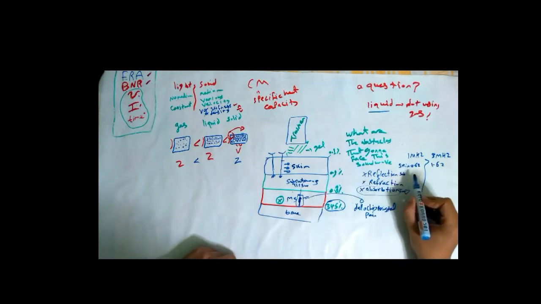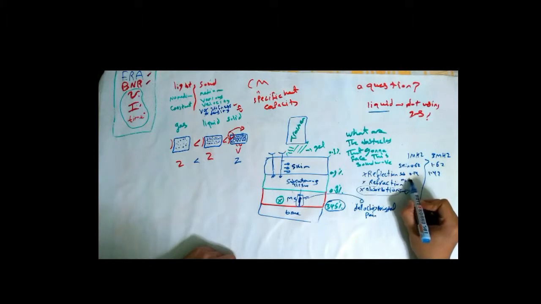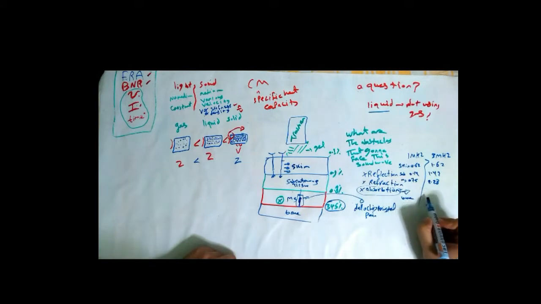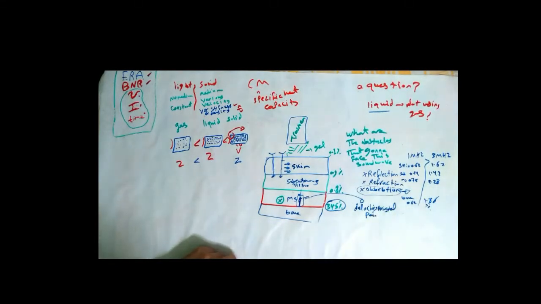Subcutaneous fat is 0.14 with 1 megahertz and 1.42 with 3 megahertz, and with muscle it is 0.75 and 2.28 with 3 megahertz, and finally bone it is 0.62 and 1.86. We call this the absorption coefficient.